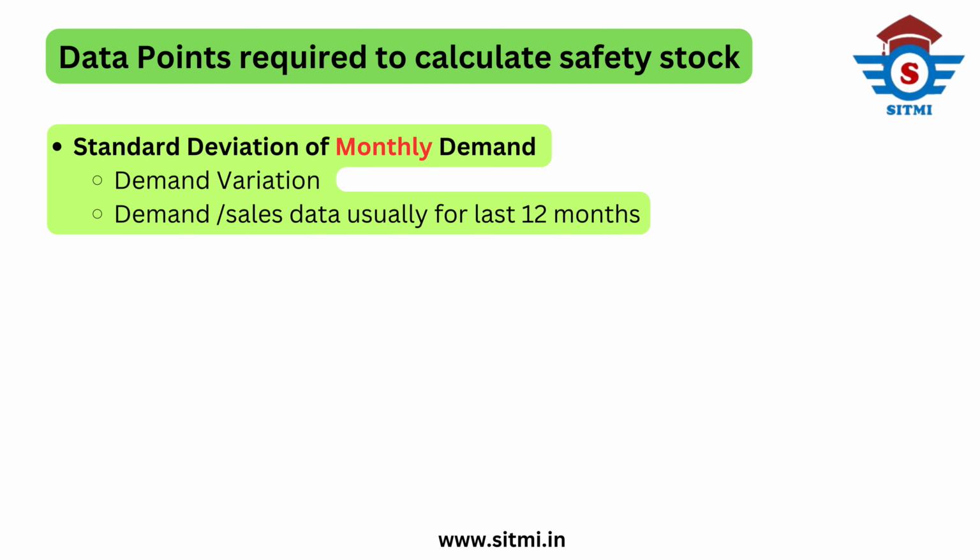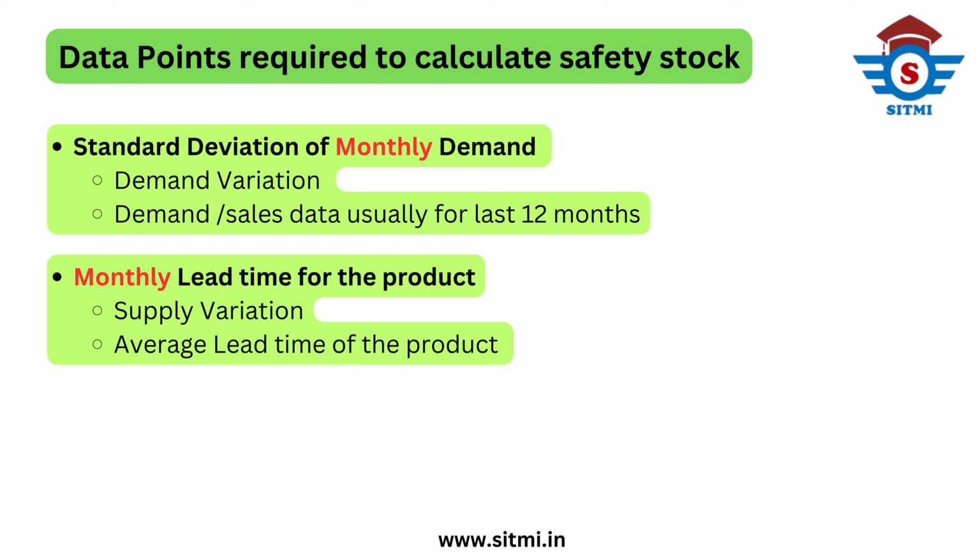The second data point we need is the supply. On the supply front, we need the monthly lead time of the product. This can be an average lead time of a product considering past lead times of receiving. Here, we have considered demand variation for monthly demand, and because of that, we have considered lead time in a monthly bucket.